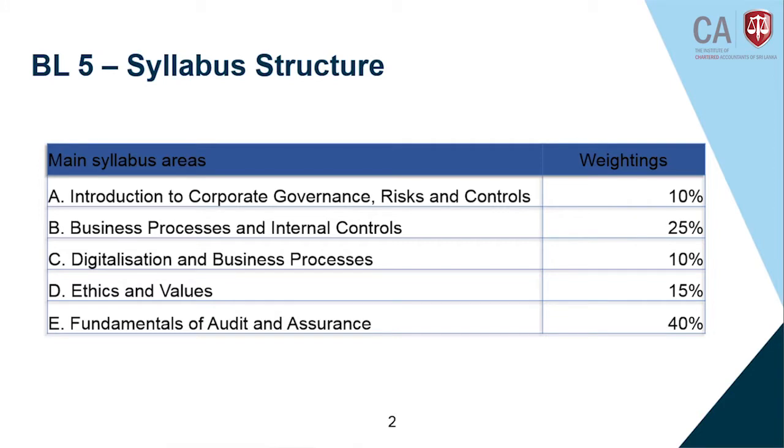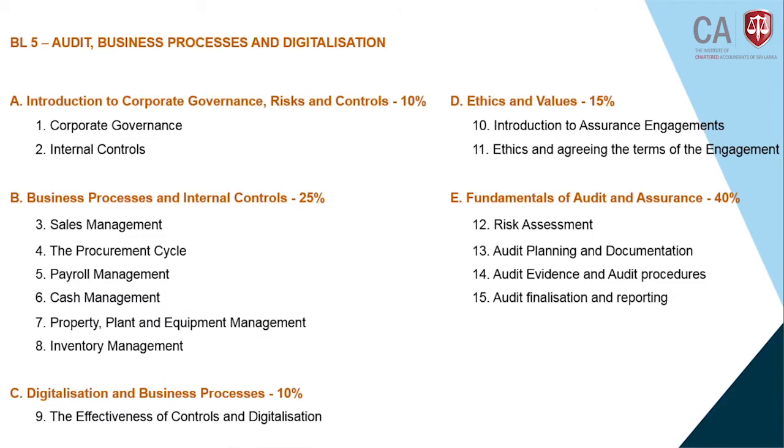In the syllabus structure I explained at the first webinar, out of these 15 chapters, the syllabus has to be divided into two: section D and section E, about 55% of your syllabus, which talks about the external auditing angle, and then parts A, B and C talk about the inside of the business organization, that 45%.